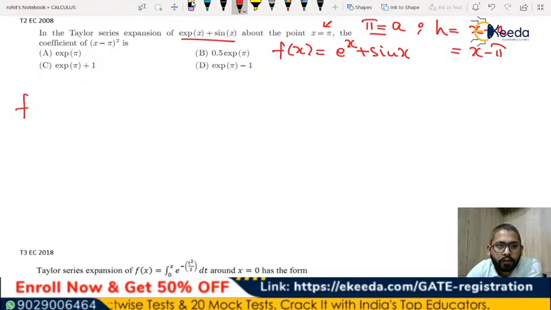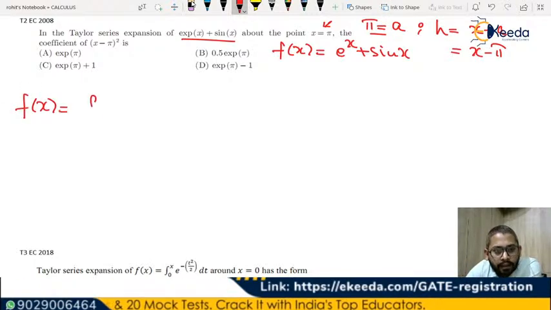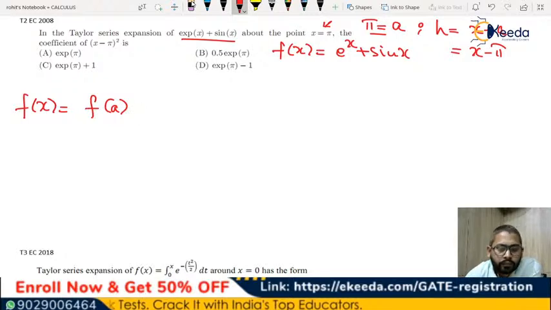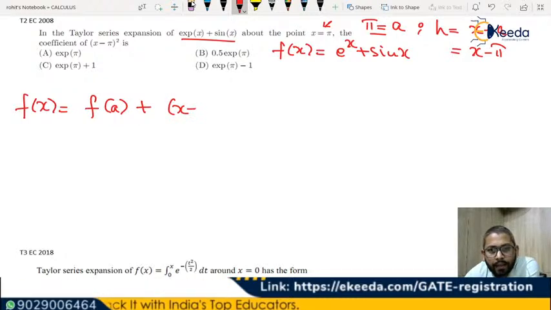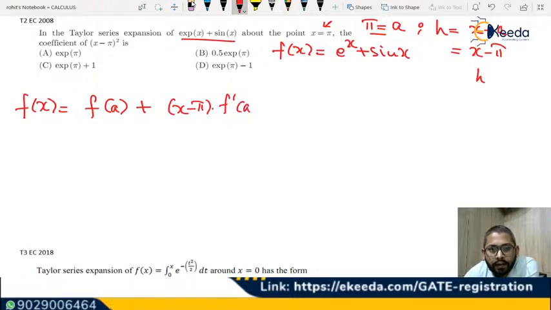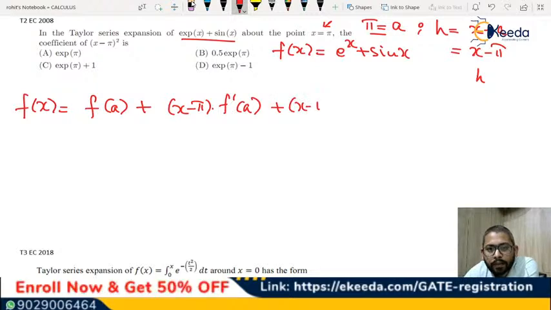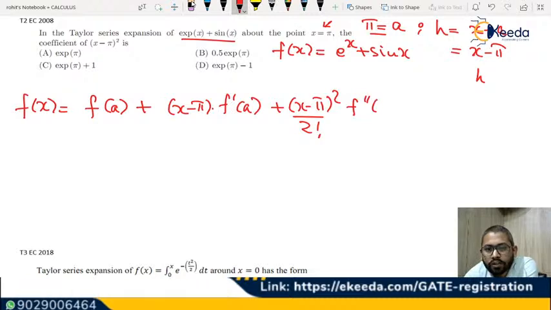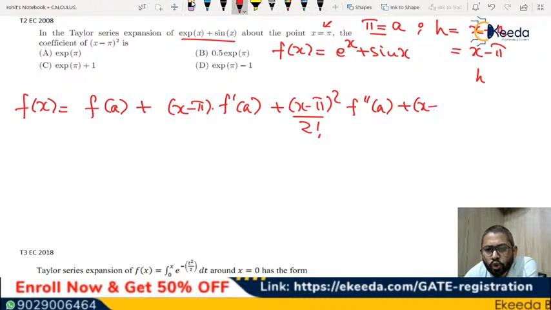So this f of x expansion will be f of a plus x minus, like instead of h, I am writing x minus pi, f dash of a plus x minus pi square by 2 factorial f double dash of a, and so on, right?